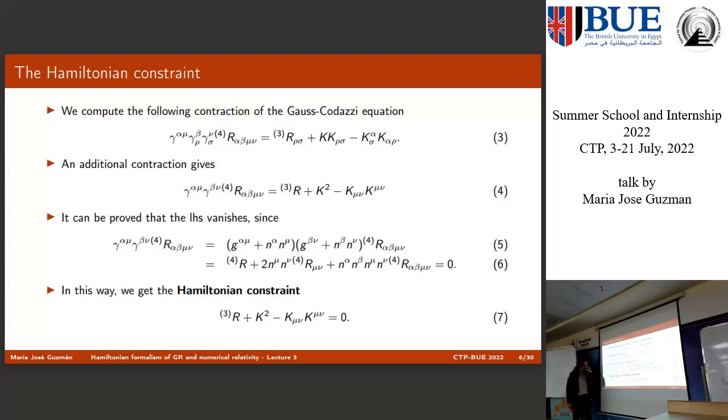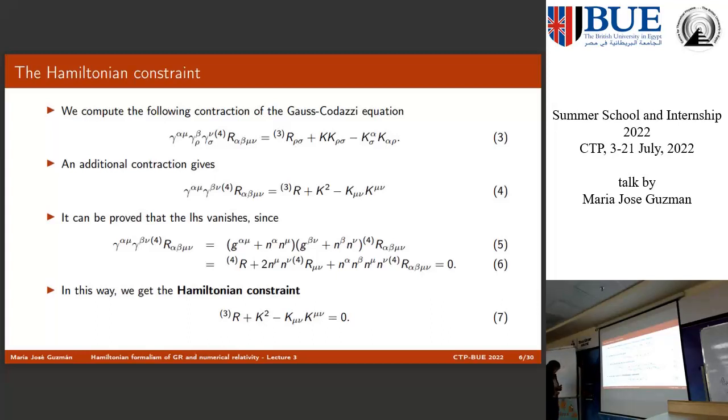Why? Because I think it will be clearer maybe when we go to the Hamiltonian picture, but this is a constraint, and just one constraint that relates first order time derivatives of the intrinsic metric with something that goes with spatial derivatives.